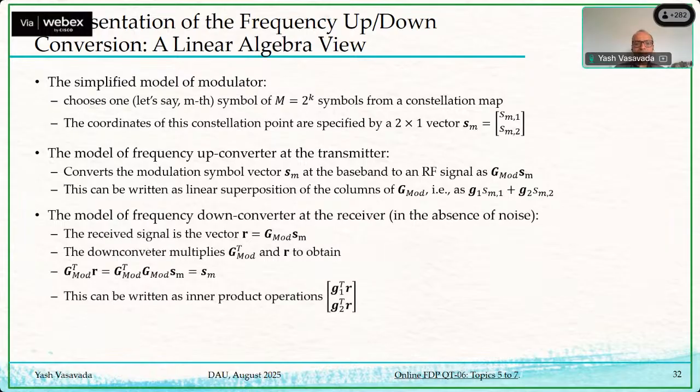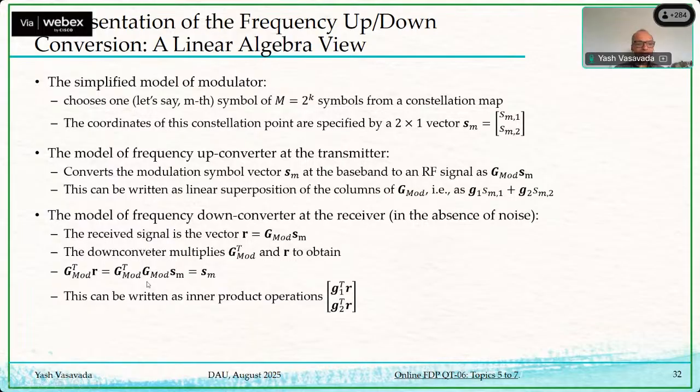At the receiver, in the absence of noise, we receive G mode times S of m. The down conversion can be mathematically shown to be equivalent to multiplying G mode transpose to R. So when you do that, what you get is G mode transpose times G mode times S of m.